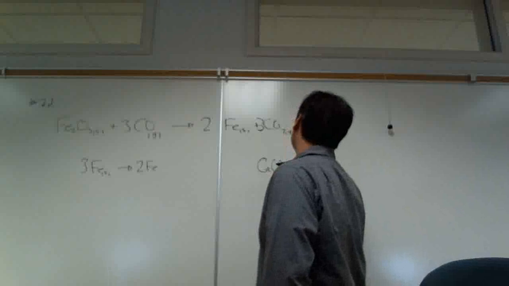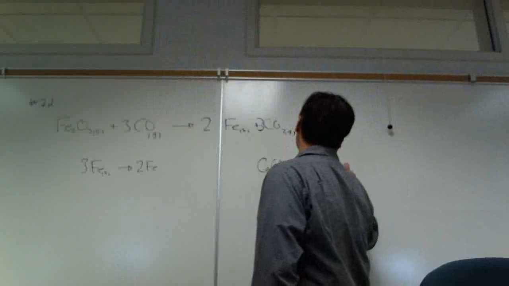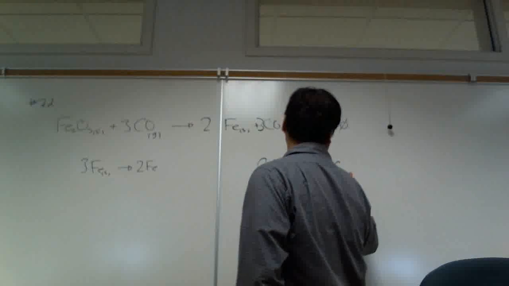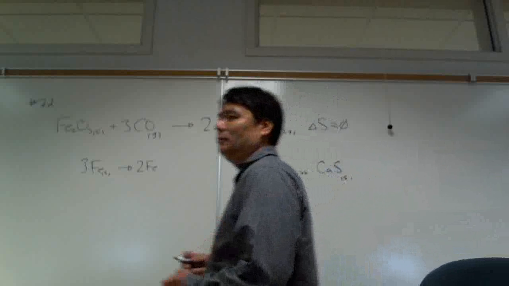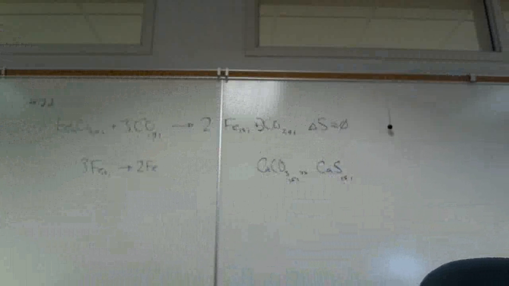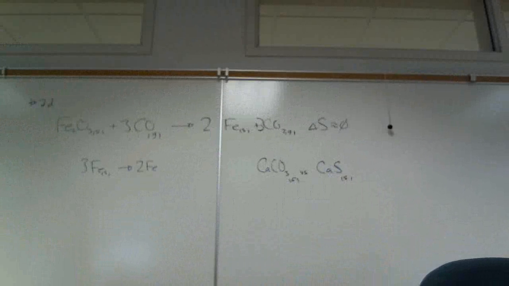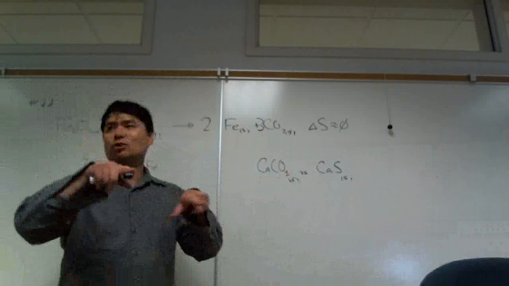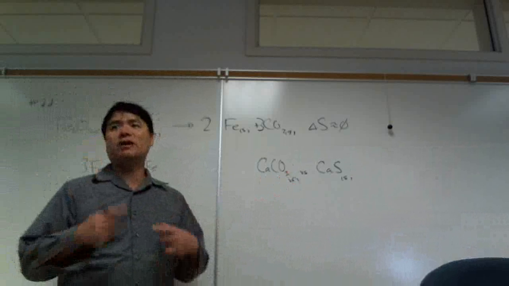Calcium carbonate versus calcium sulfide. Both of these are solid. Which one should have a higher entropy? Calcium carbonate. It's got more atoms. The carbonate ion is a trigonal planar thing, it's vibrating.